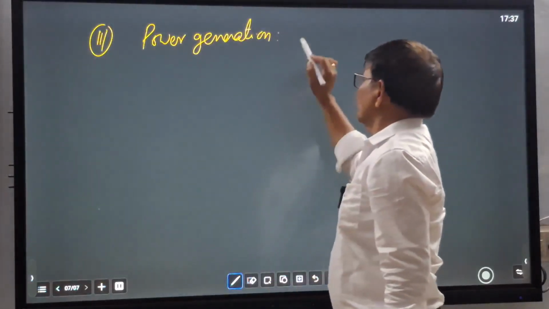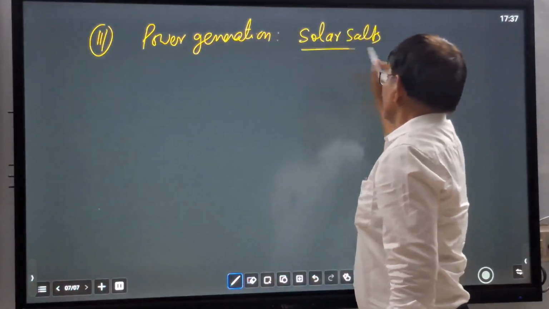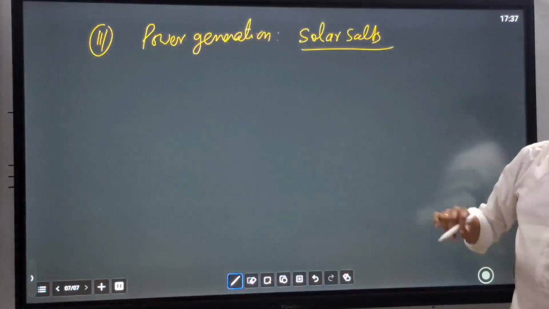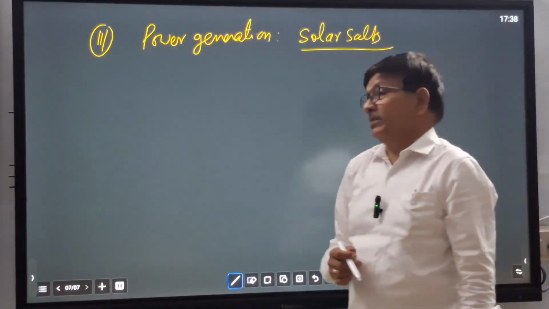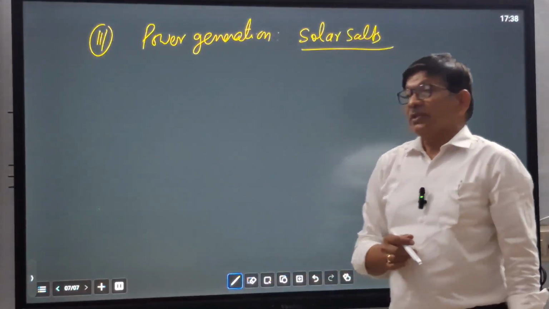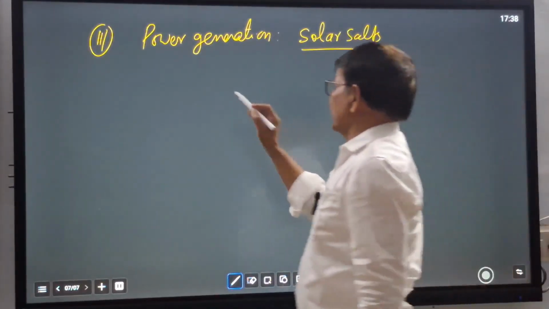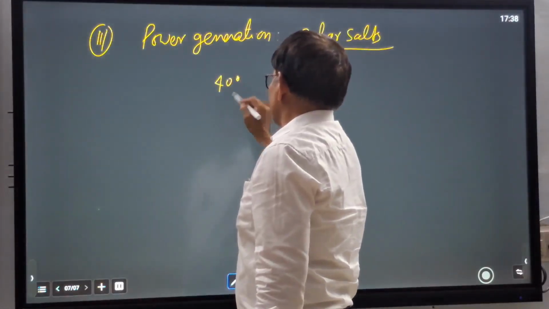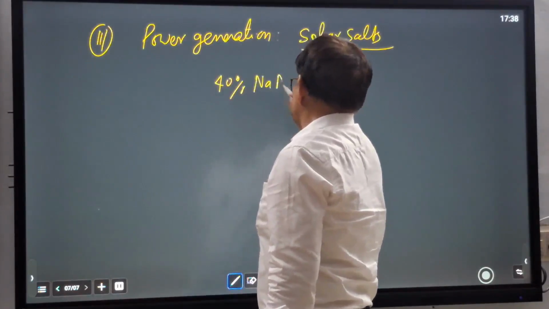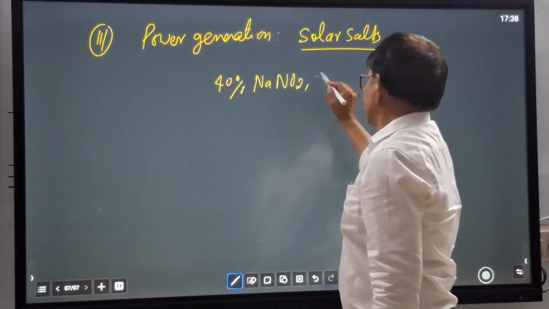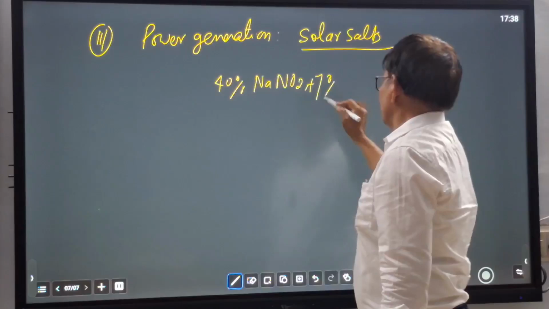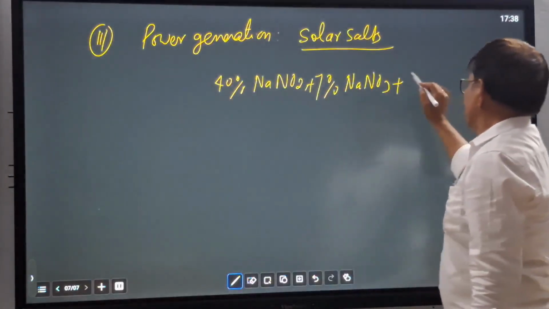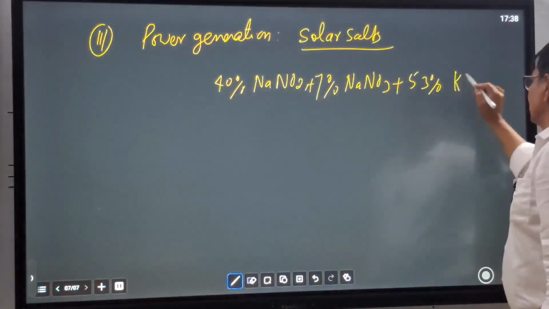These are solar salts. Liquid solar salts are available, which are free from the drawbacks that we have seen for synthetic oil. So the first solar salt is 40% NaNO2, 7% NaNO3, and 53% KNO3.